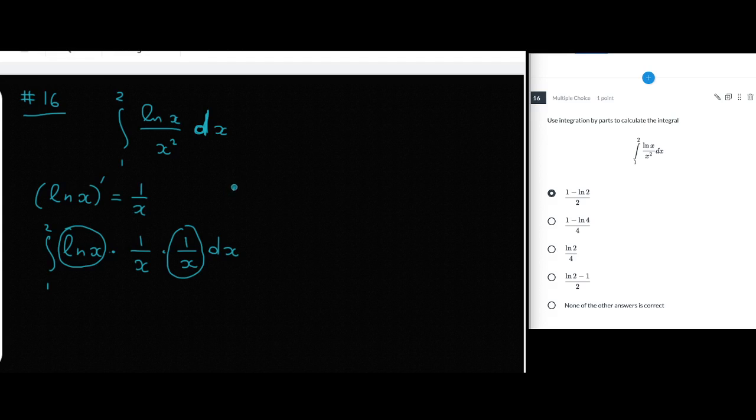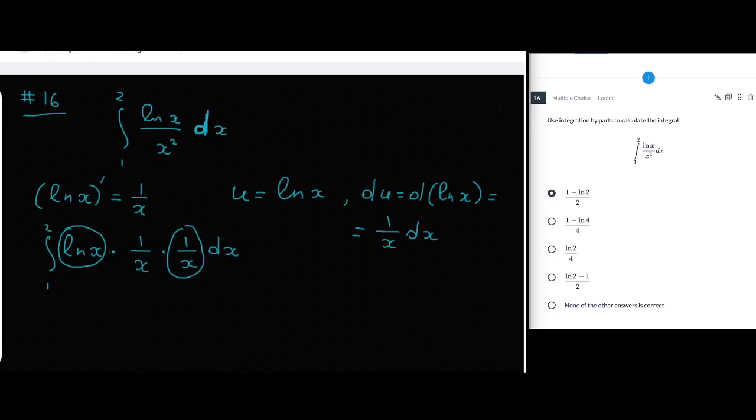So what would happen if we were to try to substitute u equals ln of x? Then, of course, the differential of u would be the differential of logarithm of x. Let's recall that the differential of a function equals the derivative of that function multiplied by dx. So we would get 1 over x times dx.